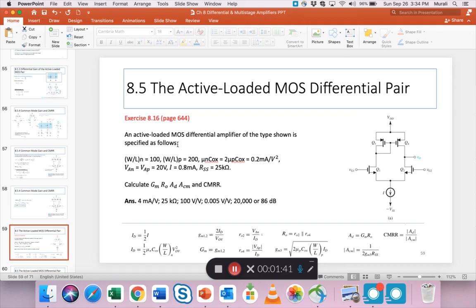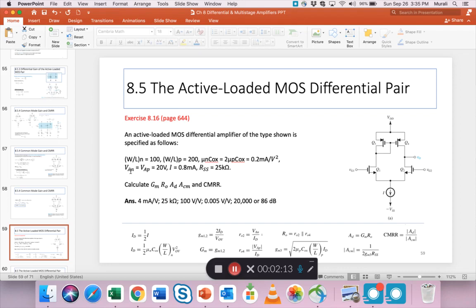So what is the question? An active loaded MOS differential amplifier of the type shown is specified as follows. You're given W/L for the N transistors to be 100, W/L for the P transistors to be 200, mu_n Cox equals twice mu_p Cox, so that makes it matched, right? That's 0.2 milliamps per volt squared.